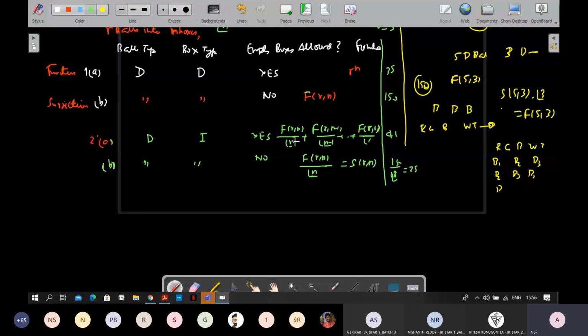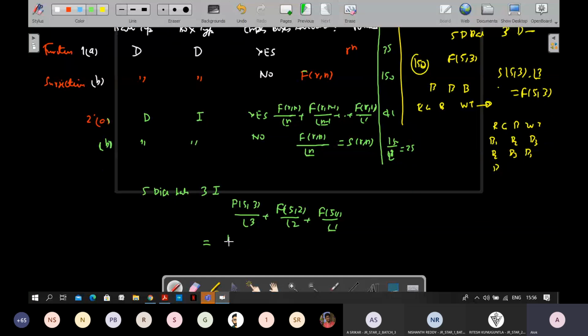So this calculation was this one, that if five distinct balls and 3 identical boxes, this answer would be F(5,3) over factorial 3, boxes used 3, F(5,2), boxes used 2, and boxes used just 1. So it will go all the way. So now you know the answers. F(5,3), already I did, 125 by 6.